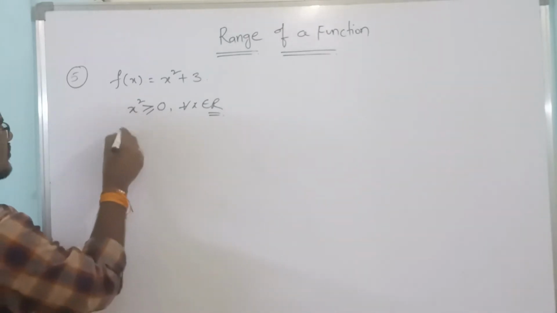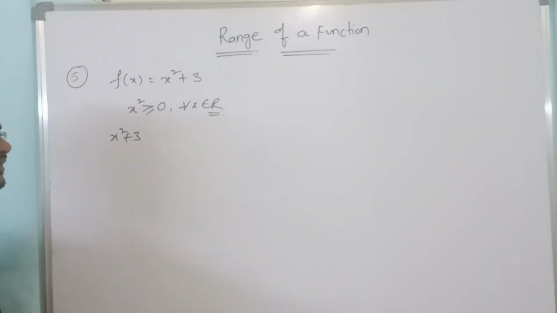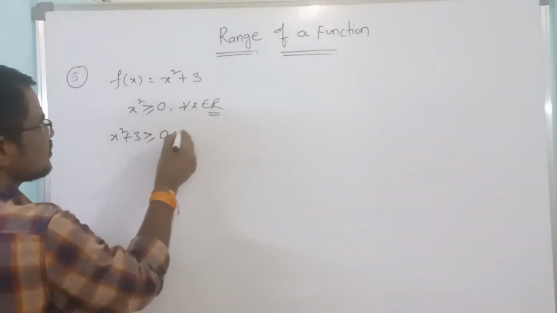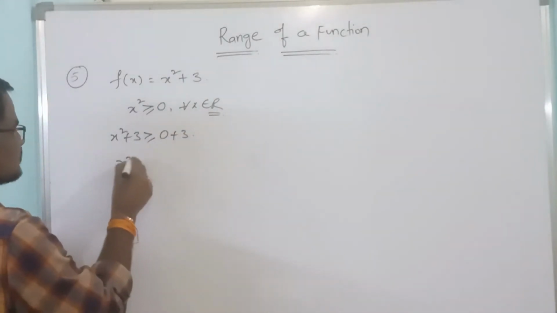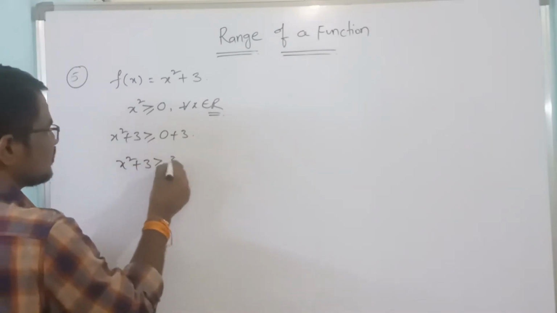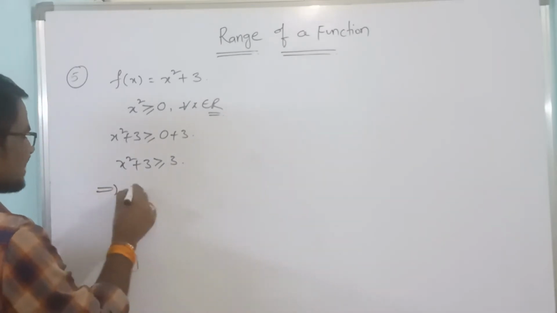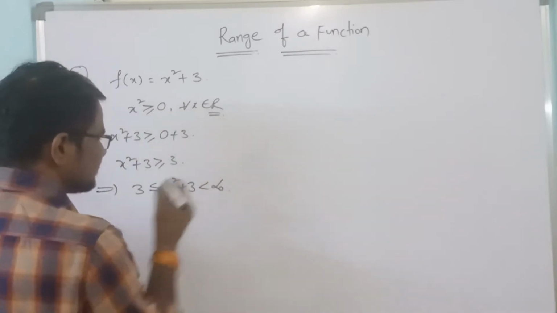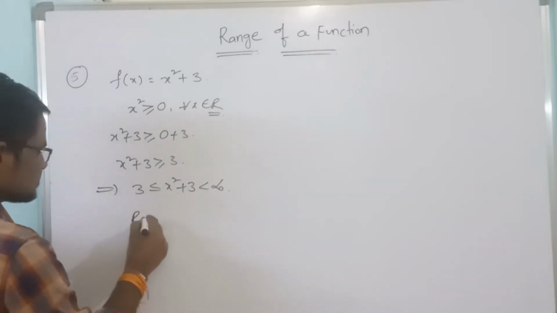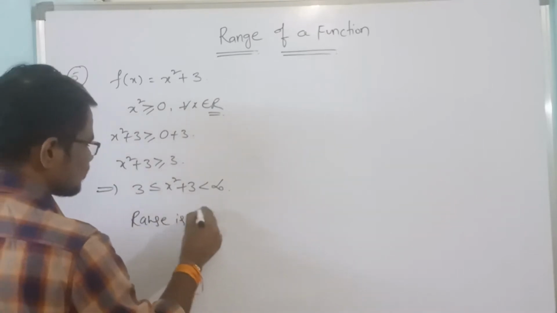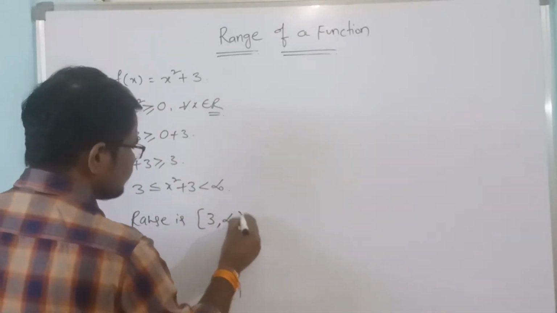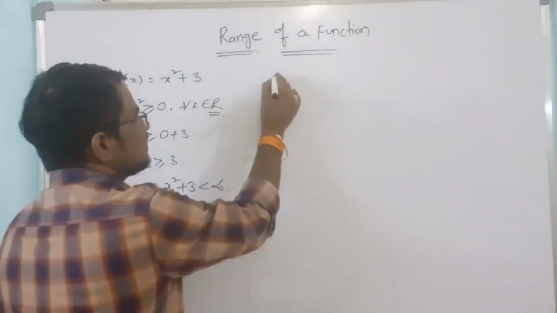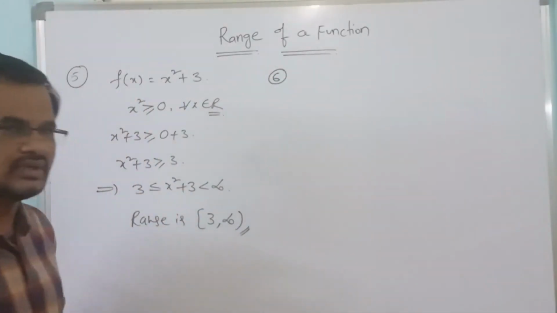Means x square plus 3, if we add a positive number 3, is greater than or equal to 0 plus 3. Now x square plus 3 is greater than or equal to 3. Now that implies 3 is less than or equal to x square plus 3, which is less than infinity. So the range of this function is the closed interval 3 to infinity.